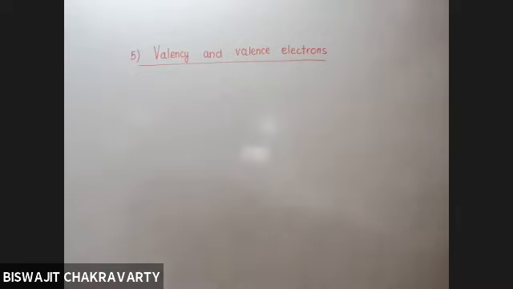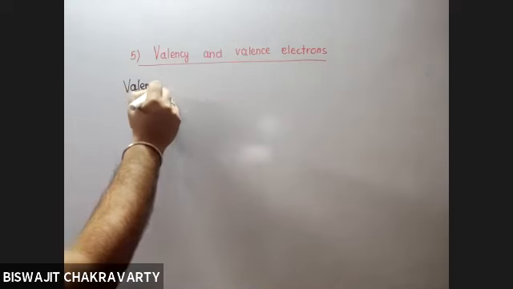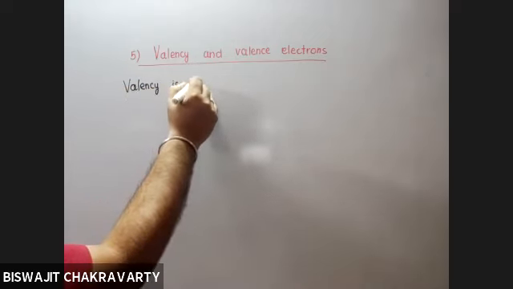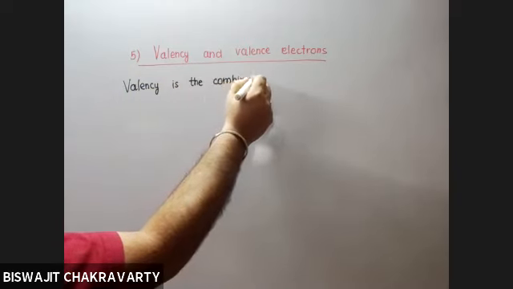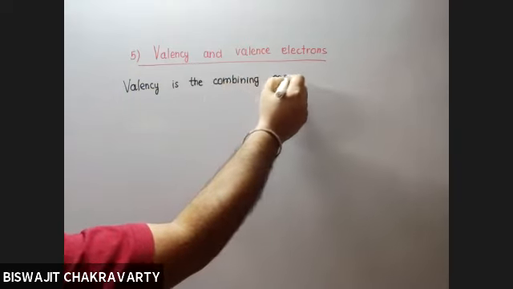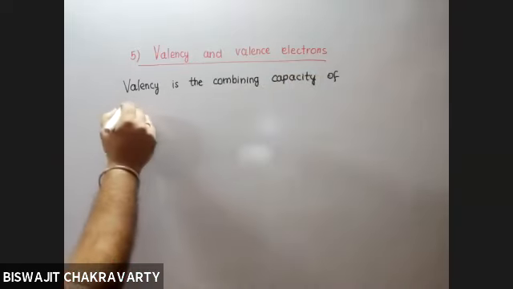They sound similar. They are similar for some, but not always in every case. So valency is the combining capacity of an element.